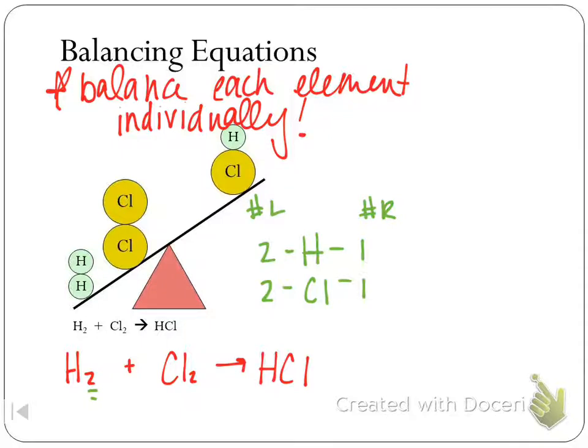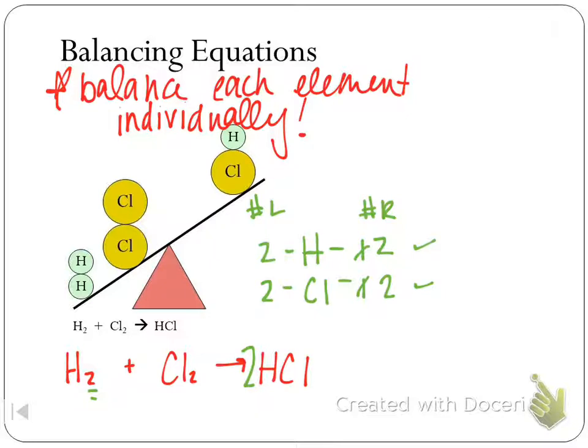So what do you think the way is for me to fix this? I add a coefficient. I add my coefficient, and that makes it 2 hydrogens and 2 chlorines, right? So now they're balanced. That means I have a balanced chemical equation right now. Okay, does that kind of make sense?